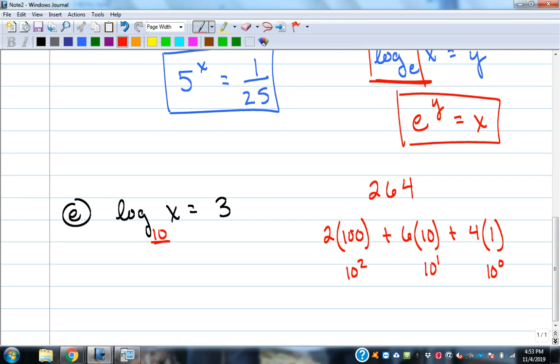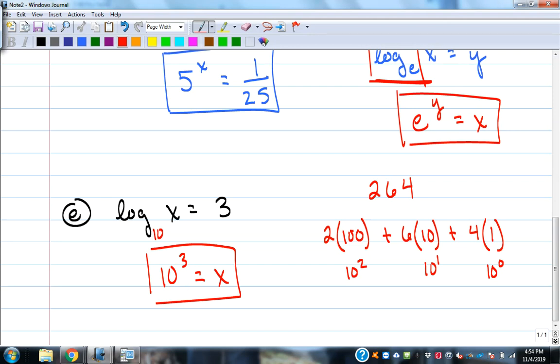And then the next milestone was being able to count to 100, and we've gone up from there. But when there's nothing written there, it's an understood log base 10. So if we rewrite that as an exponential, it'd be 10 to the third power is equal to x.